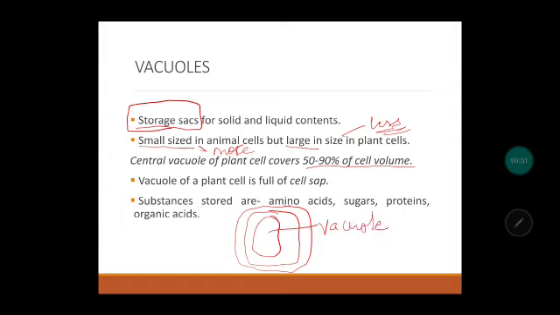That is why this vacuole is sometimes referred to as the central vacuole, because most of the cell volume is covered by this vacuole. Now what does this vacuole contain? It contains cell sap. Cell sap is a liquid or fluid of the plant cell, which contains amino acids, sugars, proteins and other organic acids. So mainly these are the storage sacs.